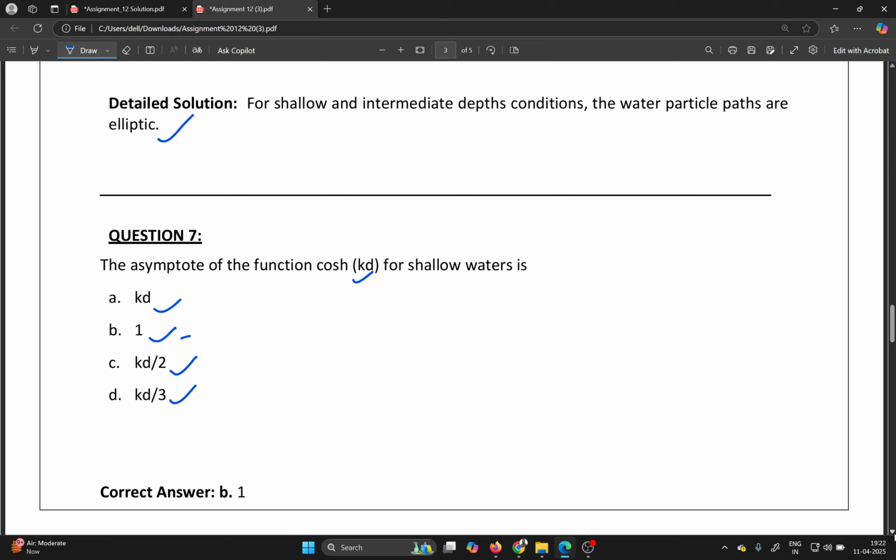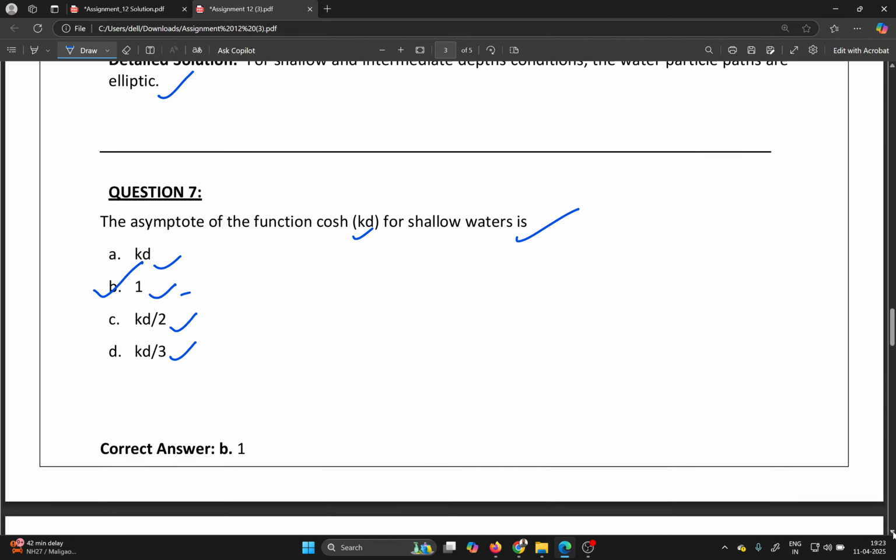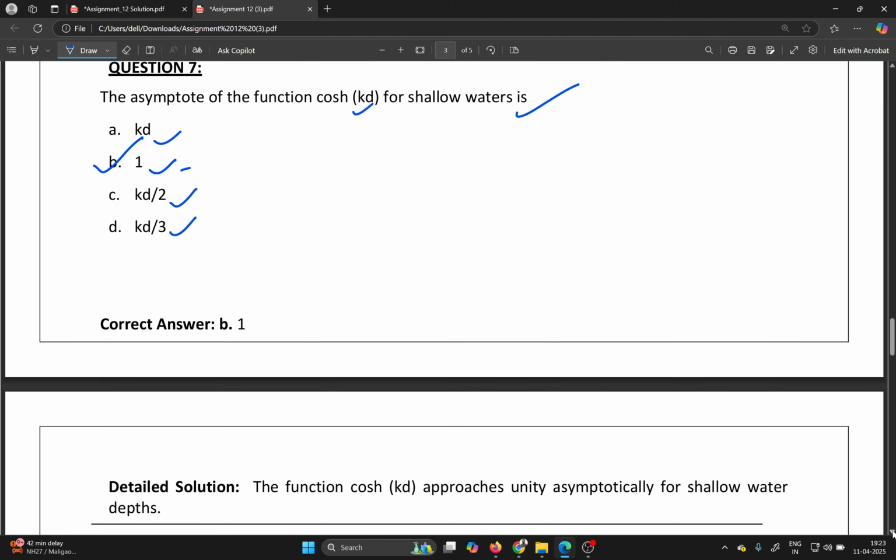The asymptote of the function cosh, that is hyperbolic cosine, for shallow water is 1. The function cosh kd approaches unity asymptotically for shallow water depth.